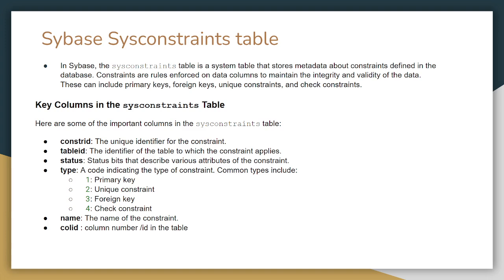Let's say a primary key, which is a unique key, will be defined as 1, unique constraint as 2, foreign key, which is a shared key, has a code of 3, and check constraint 4.